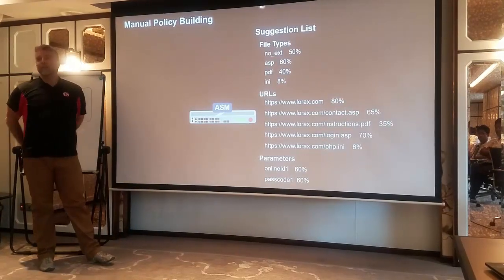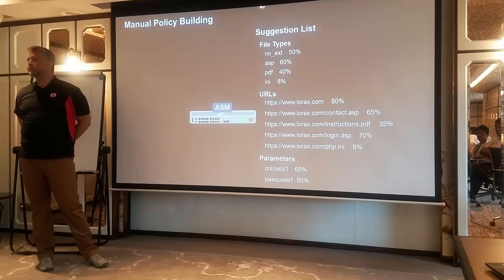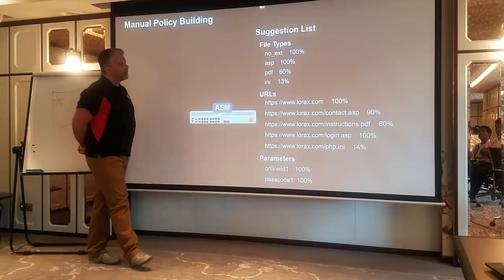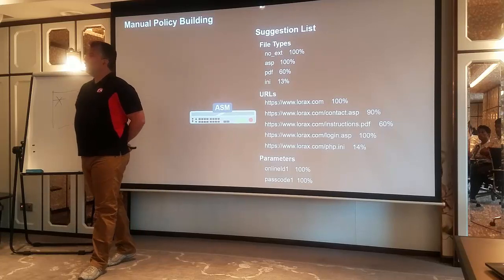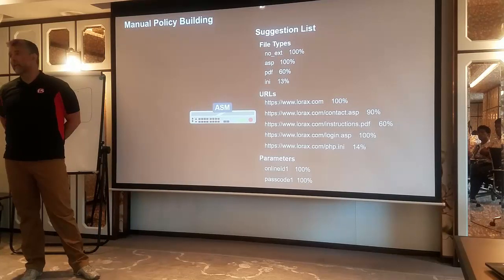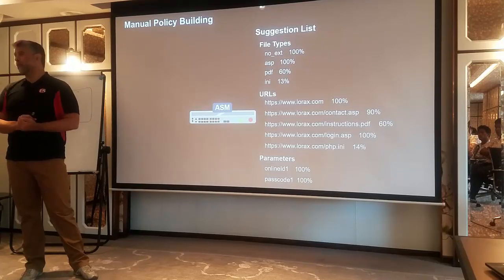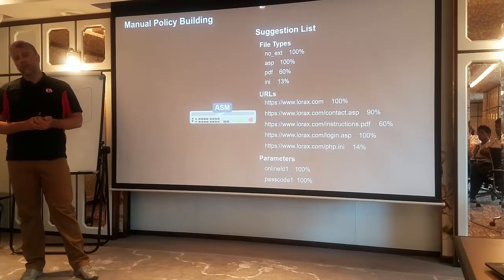So now some time has gone by, and the learning scores continue to go up. And they continue to go up. And you'll notice that the NOAA EXT and ASP have both hit 100% now, while the .INI has only hit 13, because as a forceful browsing attack, not many people are requesting that. And so the learning score is not going up nearly as fast.